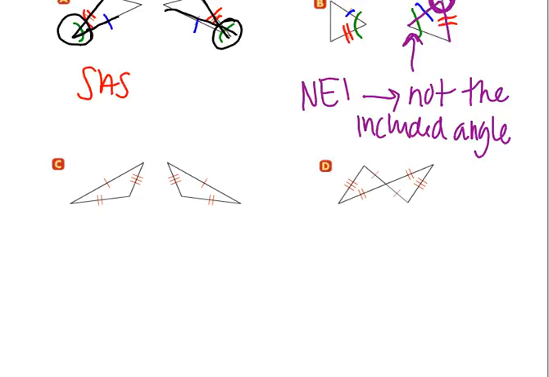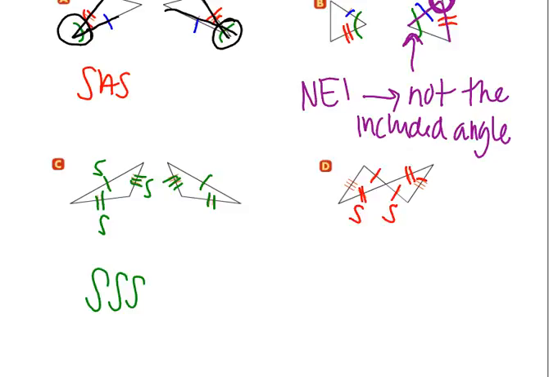Okay, see here. Let's check it out. One side, 2 sides, 1, 2, 3, I have 3 pairs of congruent sides, so that must be side, side, side. Now on to D. 1 side, 2 sides, 1, 2, 3 congruent sides, side, side, side.